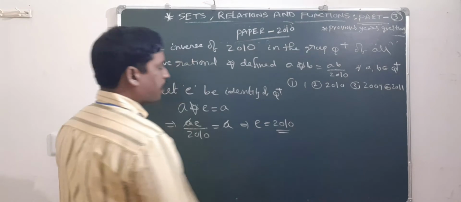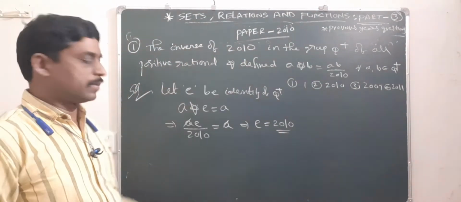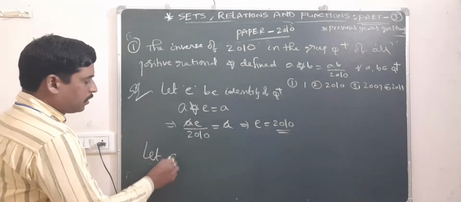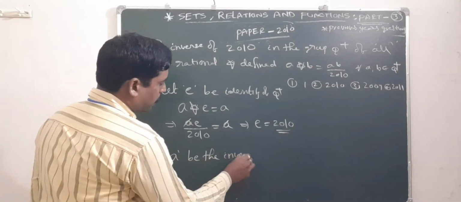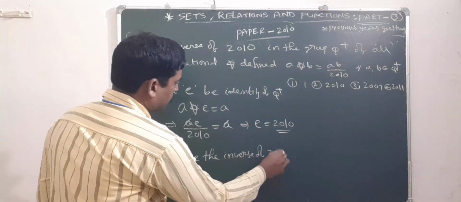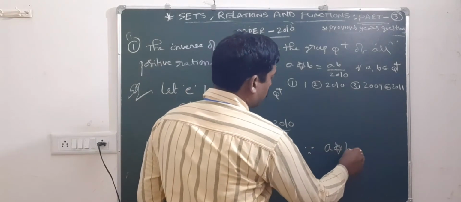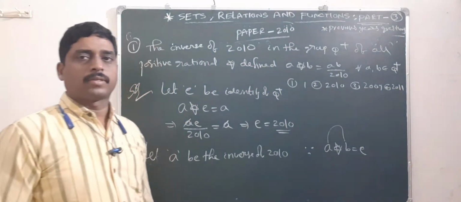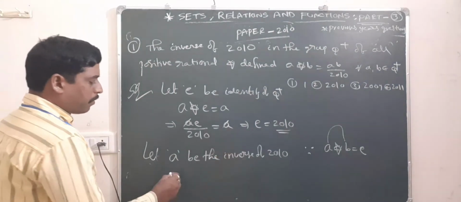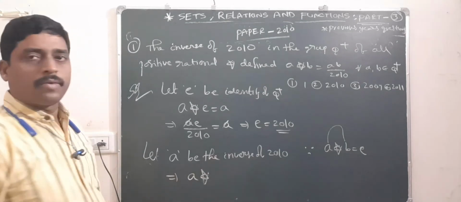Now a gets cancelled. E value is 2010. We got it. Now we have to find the inverse of 2010. Let a be the inverse of 2010. One property is already there: a star b is equal to E, then a is called the inverse of b, or b is called the inverse of a. So by using this property, a is the inverse of 2010.